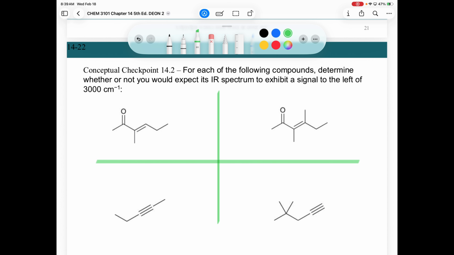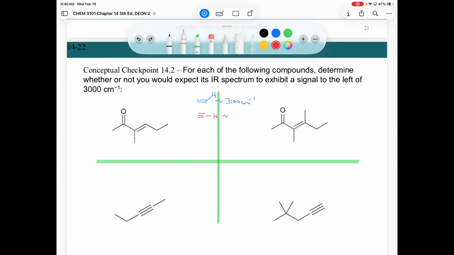What do we see to the left of 3000? We would either see a carbon-hydrogen bond from an sp2 hybridized carbon. That would be at around 3100, right? Or we would see a bond from an sp hybridized carbon, and that would be at about what?